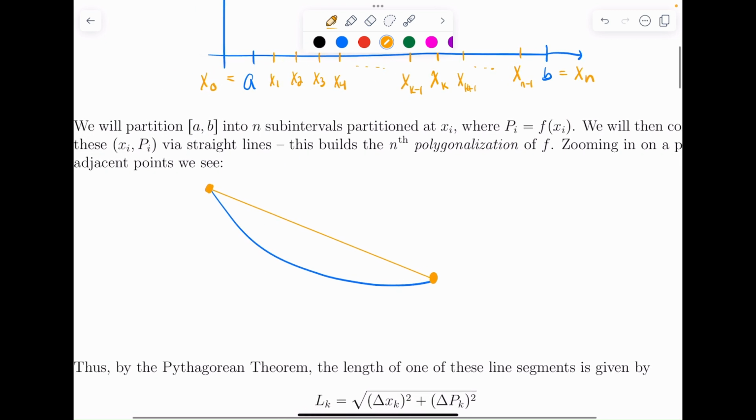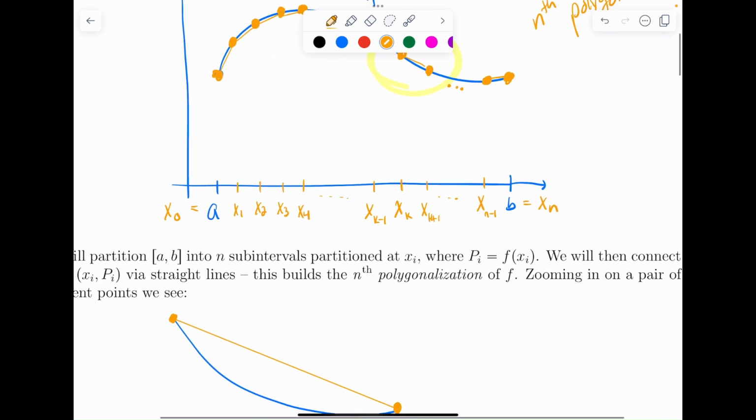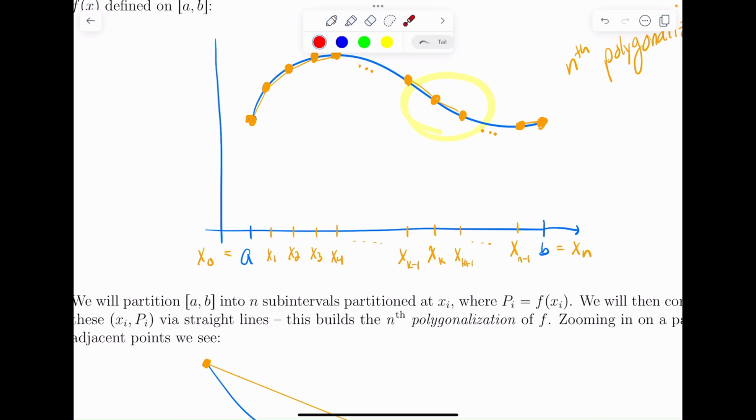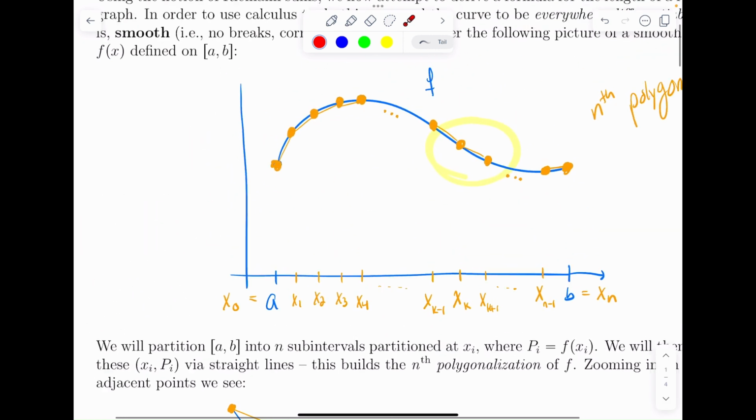Okay, what are we working with here? This left endpoint has an input of x_k, and so an output of f of x_k. So this point is the point (x_k, f(x_k)), whereas this point right here is (x_{k+1}, f(x_{k+1})).